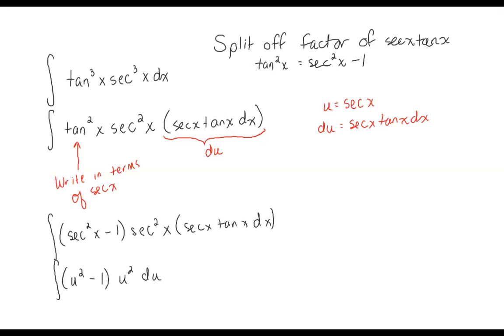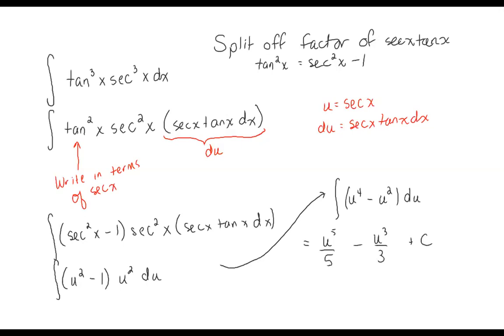So the idea is to get this all down to some sort of polynomial that's relatively simple to integrate. I'm integrating u to the 4th minus u squared du to get u to the 5th over 5 minus u cubed over 3 plus c.